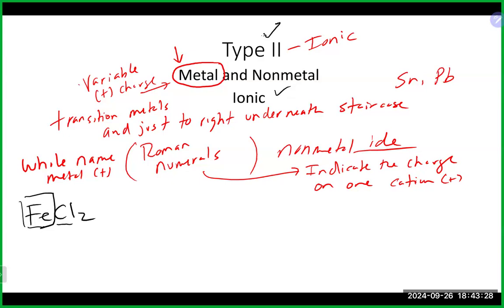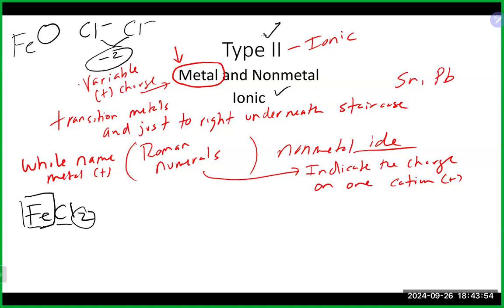So we need to figure out what the charge is. The good news is you will always know the charge on whatever it's attached to. So in this case, we have one iron ion, but we do have Cl, which is group 7 and -1, and there are two of them. That means that overall we do have a -2 happening here.